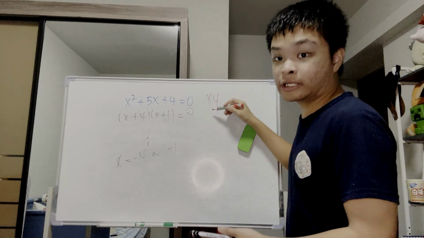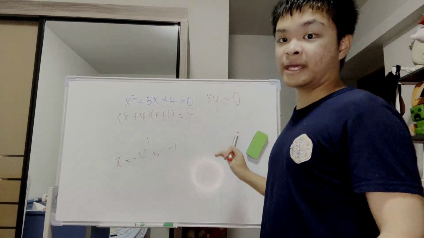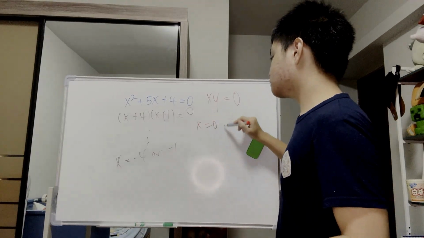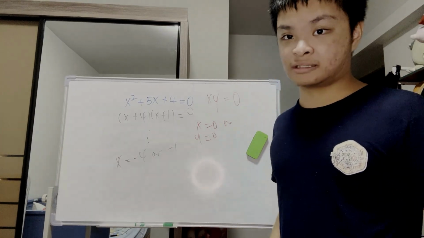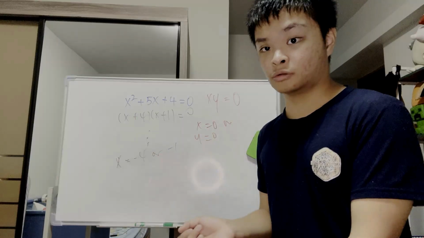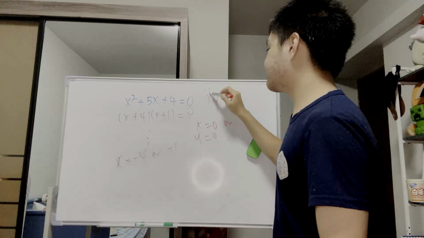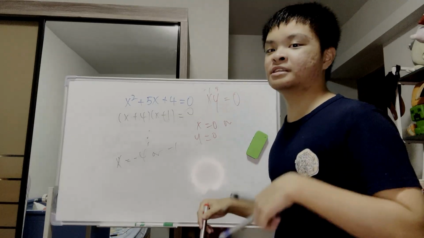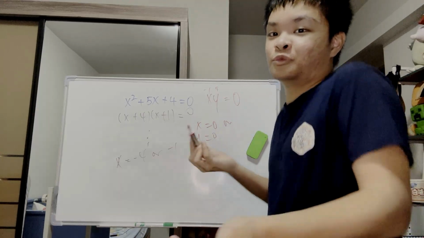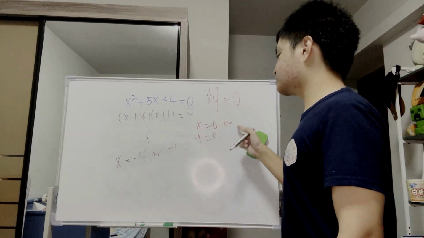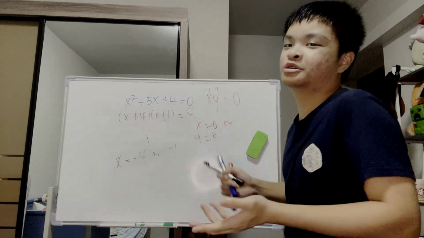If they multiply together and we get 0, the only conclusion we can make is x equals to 0 or y equals to 0, because no two numbers can multiply together to give you 0 if they are not 0. So if this is like -1 and 5, they will multiply together to get -5. So negative numbers can't work in this case. So either x is 0 or y is 0, or both of them can also be 0. But it will be quite useless.